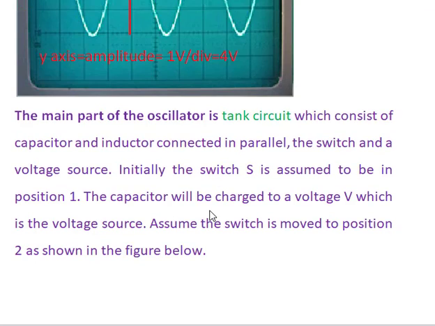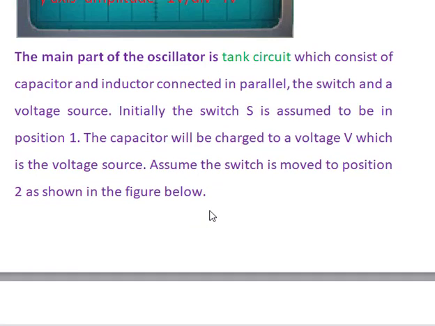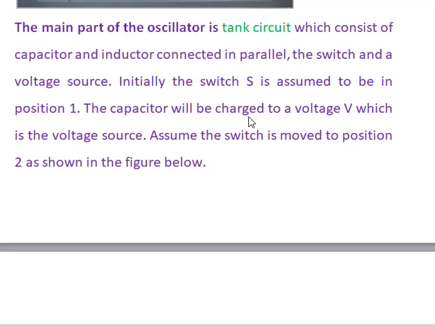So, first we see the LC oscillator. The LC oscillator tank circuit consists of the inductor and capacitor. The inductor and capacitor are connected in parallel with a voltage source.